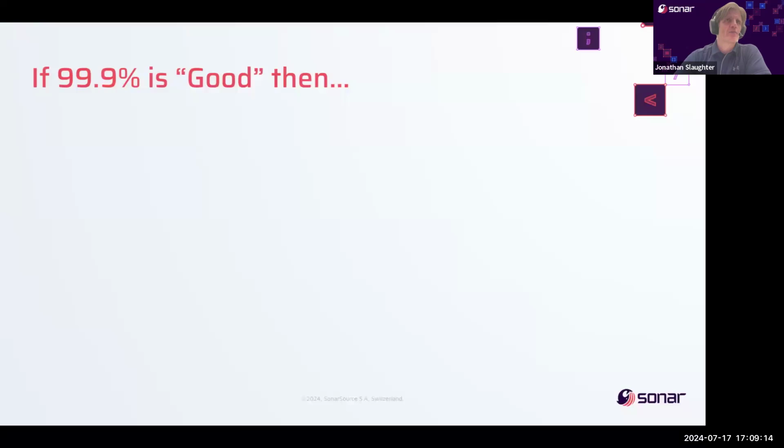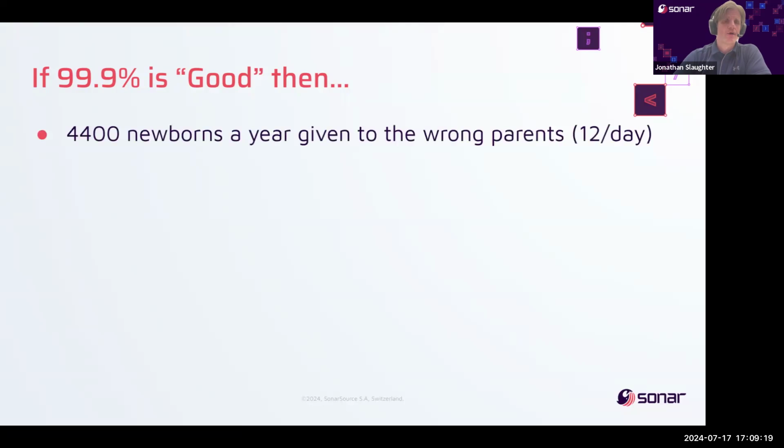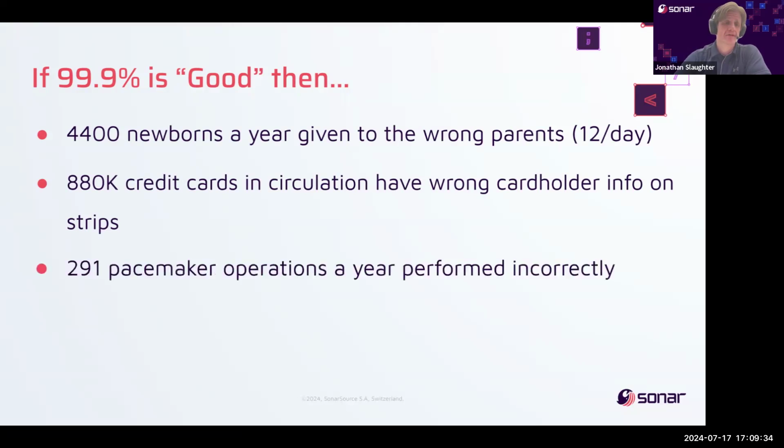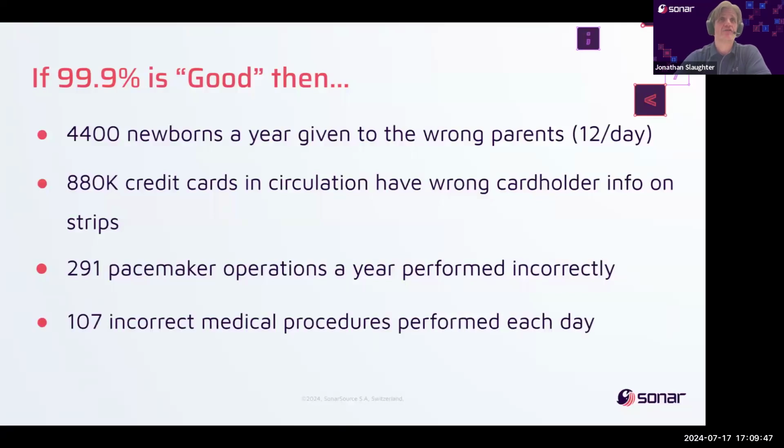But if we were to take 99.9% as good, then here are some things we'd be running into. 4,400 newborns, or 12 per day, would be delivered to the wrong parents when leaving the hospital. 880,000 credit cards in circulation currently would have the wrong cardholder information on their strips. 291 pacemaker operations would be incorrectly performed each year. Well, that number is high. It's also much lower than the 107 per day of general incorrect medical procedures that would be performed.